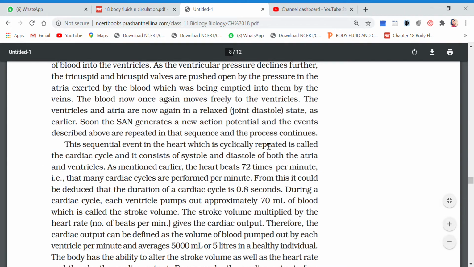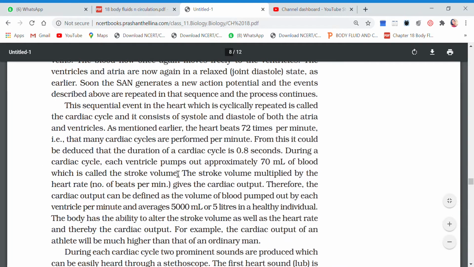We have discussed earlier also that the heart beats 72 times per minute, that is, many cardiac cycles are performed in 1 minute. How many cardiac cycles are performed? 72 times it is beating, right? So from this we can deduce that the duration of the cardiac cycle is how much? 0.8 seconds.